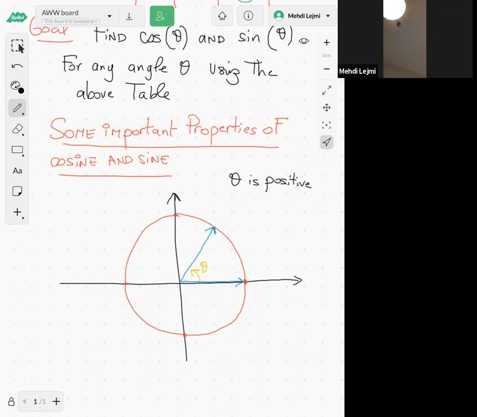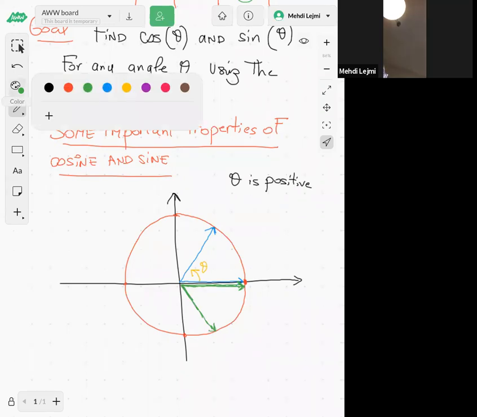Now I'm gonna take the minus theta. So what will be minus theta? Well, I'm gonna take the opposite rotation, like a clockwise rotation. So this is here, let's say here. Clockwise rotation, that would be a negative angle.